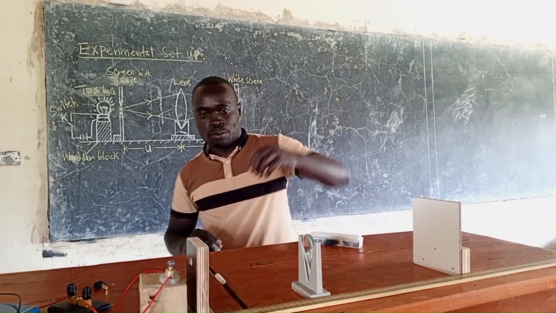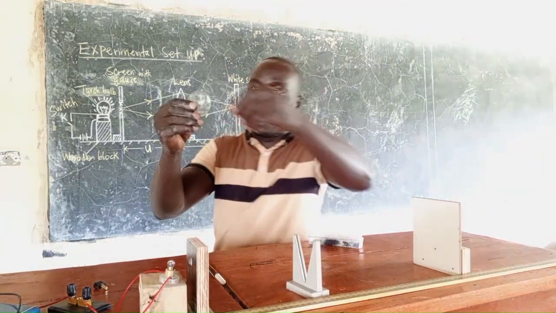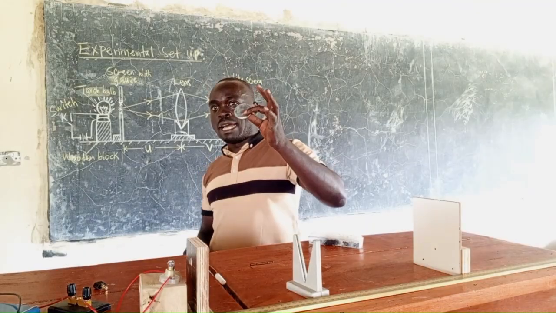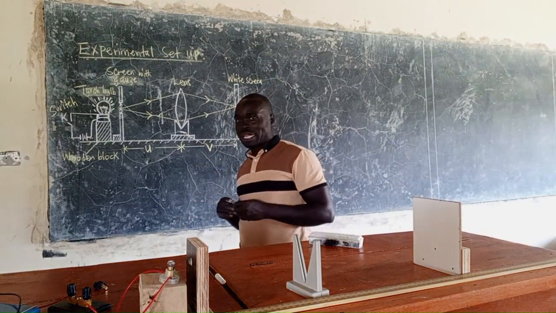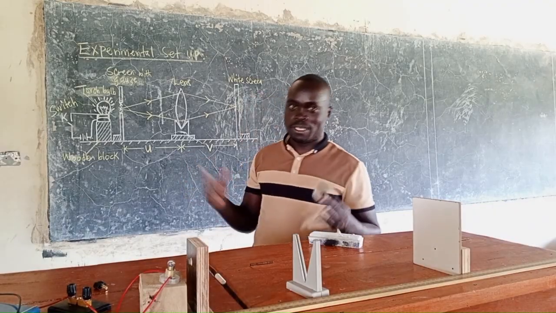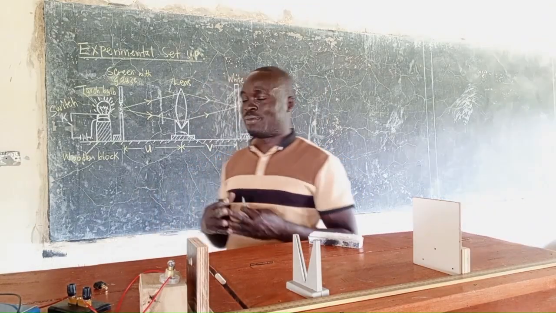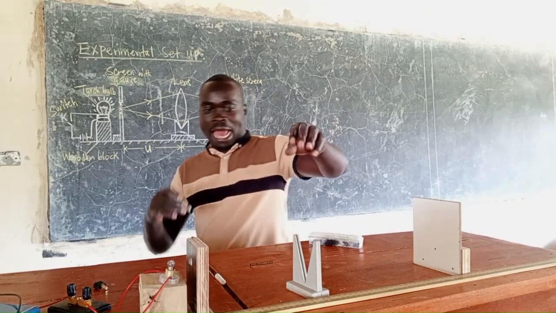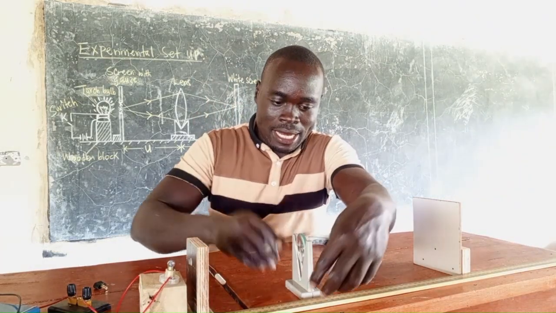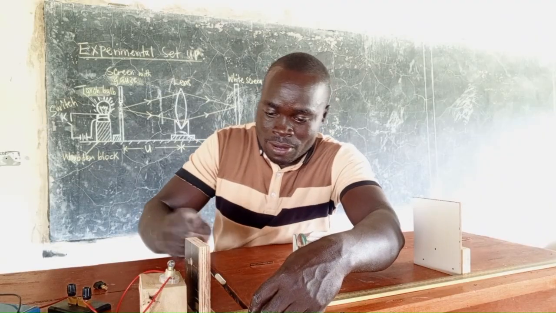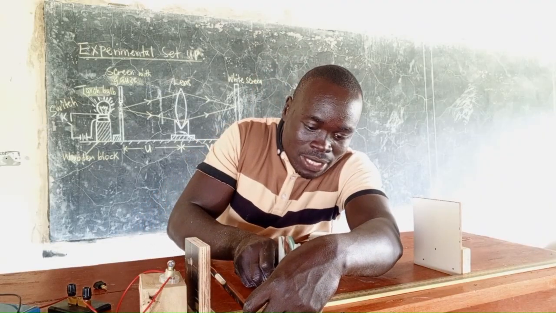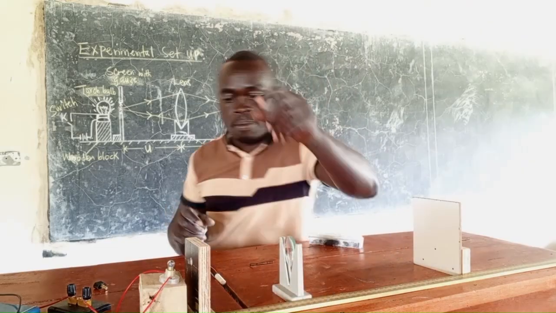Since the focal length of the lens we determined earlier is 10, we are going to put the distance U greater than 10. We can start from 15, 20, 25, and the rest. Let's start arranging. We put the lens together with the holder at a distance greater than the focal length, in this case 15 centimeters.